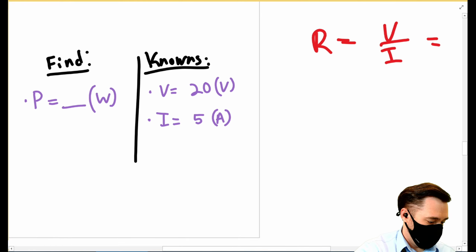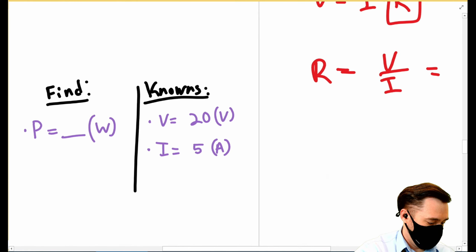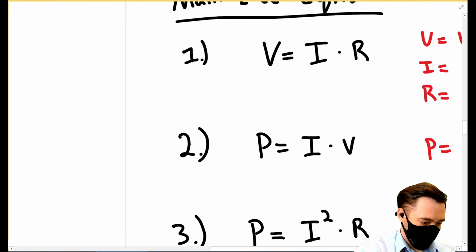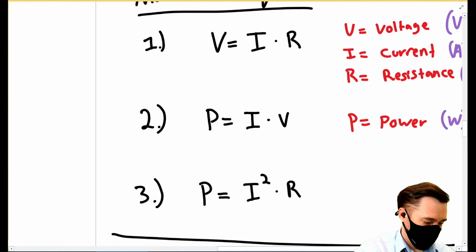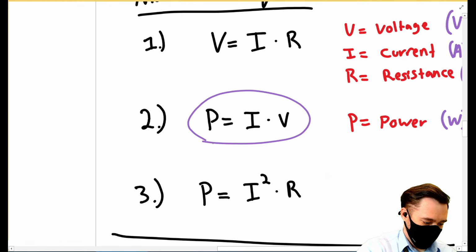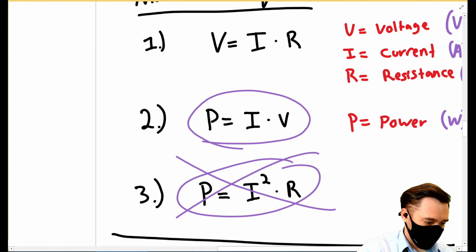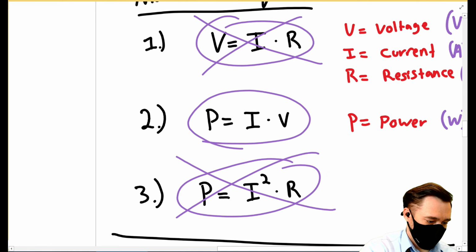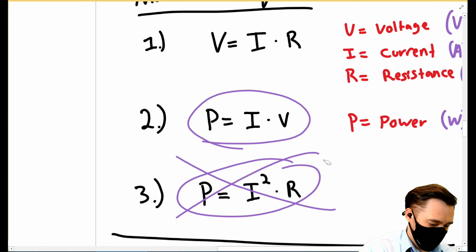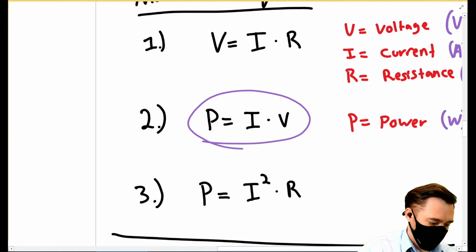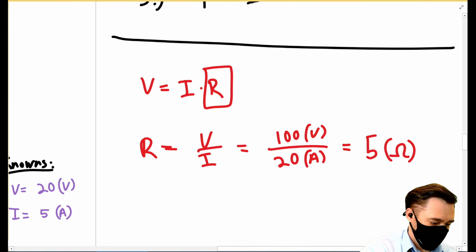All right, so I have voltage and current. Let's go back up to our equations. So voltage and current, I don't know resistance, so I can't use this one. And I don't know resistance here, so I can't use that one. So I'm going to have to use the P is equal to IV.